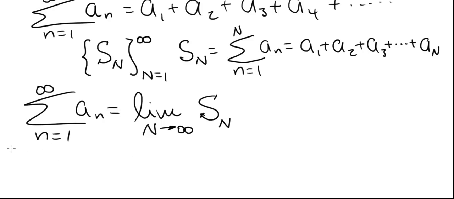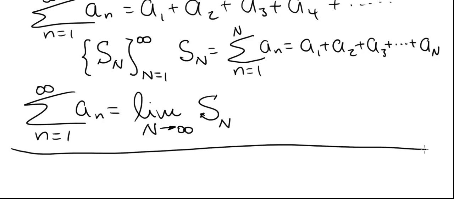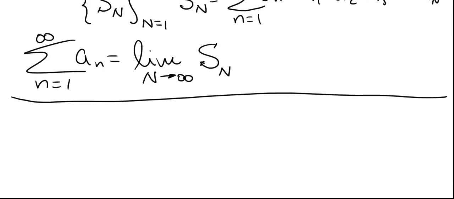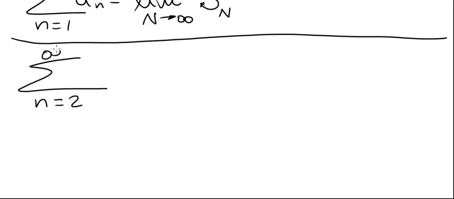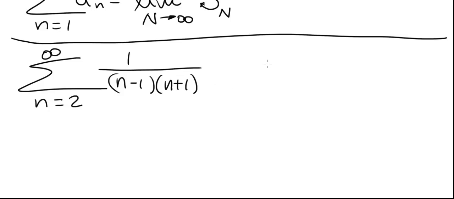However, for this example, we can express S_N in a way that the limit can be computed. So we return to our series and we look at it in this form: n goes from 2 to infinity, 1 divided by n minus 1 times n plus 1. You may recognize this. We work with something similar when we work with integration by the method of partial fractions.